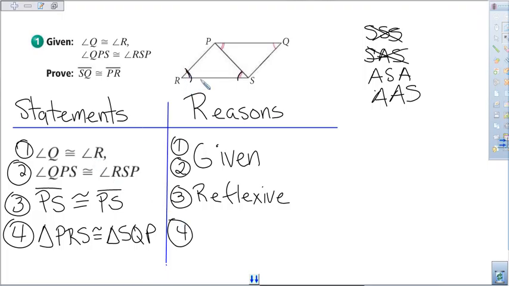I have angle, angle, side; angle, angle, side. Okay? And I'm going to leave you to write the last line. What goes here, what goes here. What was I trying to prove in the first place, and did we do it? Okay, see you in class.